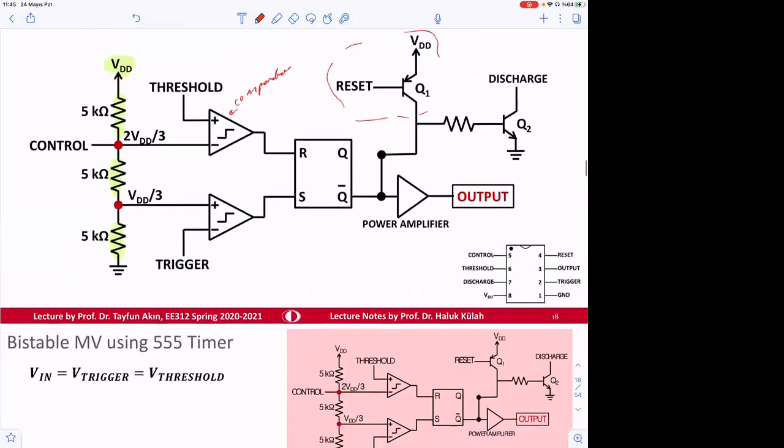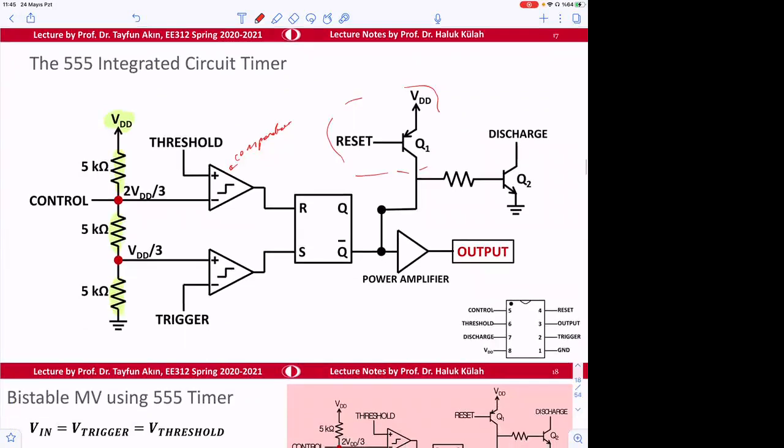Pin wise, this is pin 5, the supply voltage is pin 8, ground is pin 1, trigger is pin 2, threshold voltage is pin 6, reset is pin 4, discharge is pin 7, and output is pin 3. All the inside is given like that.